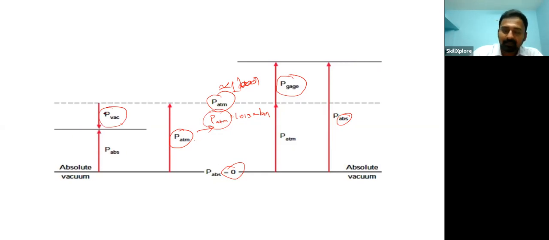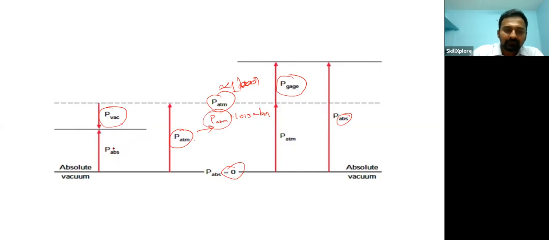Vacuum pumps in our air conditioning systems use this vacuum pressure to handle our refrigerants and fluids. Atmospheric pressure minus absolute pressure will give the vacuum pressure.